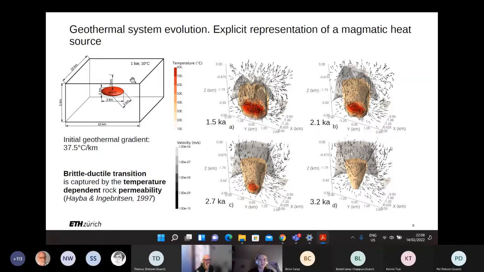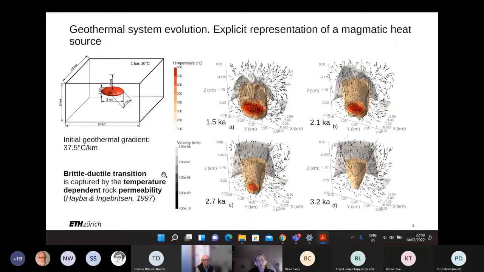So in this 3D model that is 5 kilometers deep and 10 kilometers in horizontal size, we model its fully transient geothermal system evolution from the moment of magma chamber emplacement. And the magma chamber is 3 kilometers in diameter, 1 kilometer thick, and the top of the intrusion is at 2 kilometers depth. And the initial temperature is 900 degrees C.